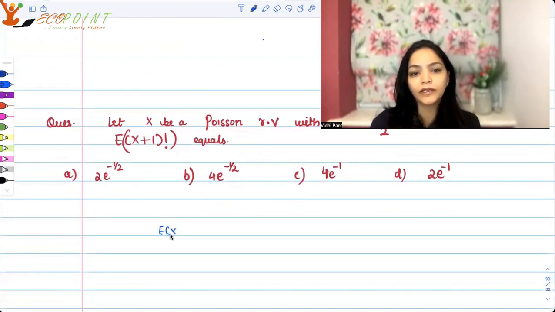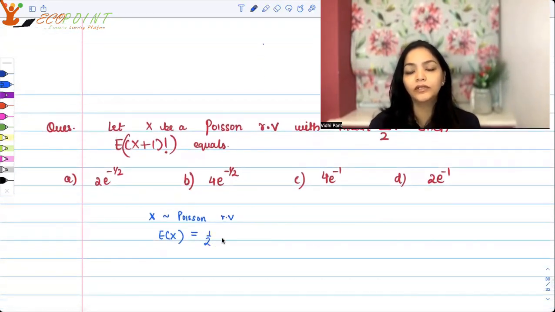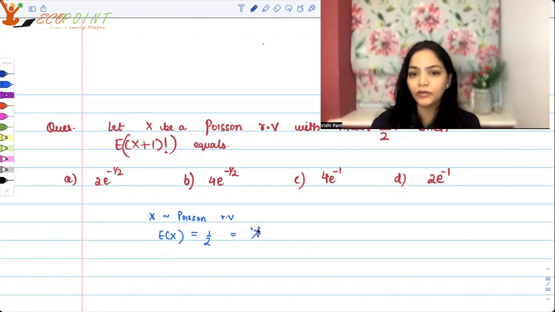What is given to us is the expected value of x, where x is a Poisson random variable. Its expected value is given as half. Now, you need to recall that the parameter for a Poisson random variable, we call it lambda, and that is the expected value as well as the variance of the Poisson.